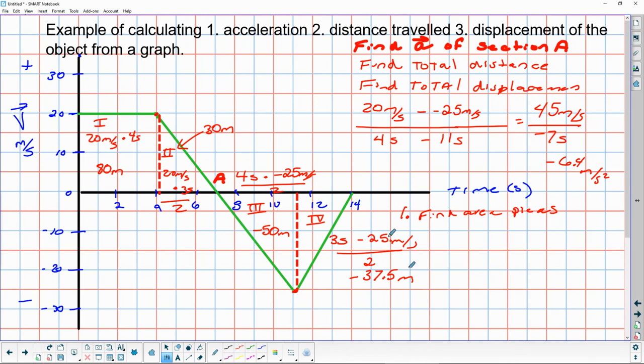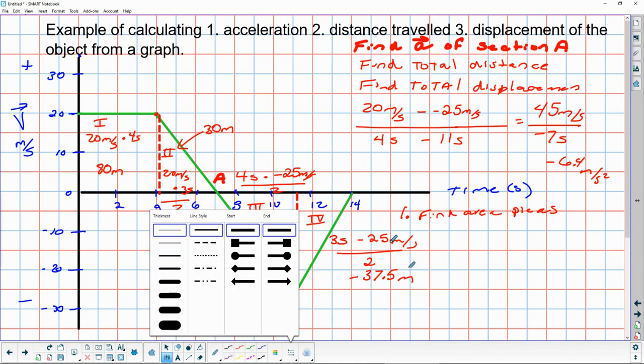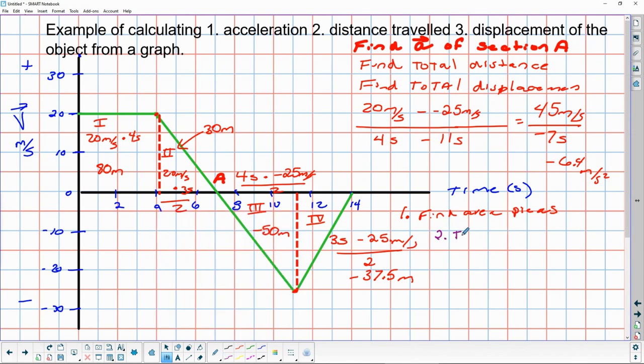So for total distance, total distance is all pieces ignoring the sign, because whether you go backwards or forwards, you're still covering some length of travel, right?